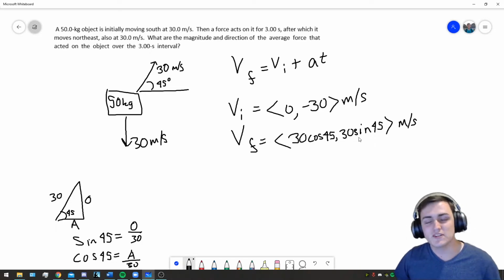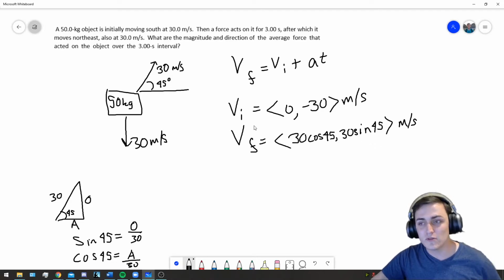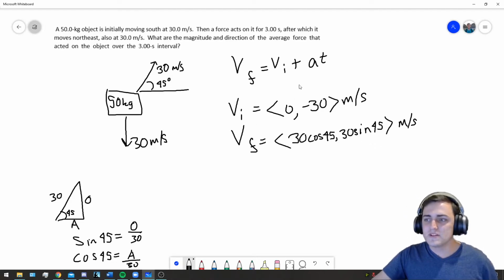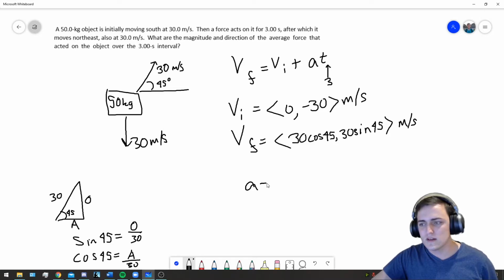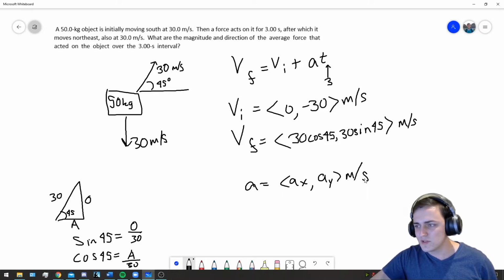If we were to evaluate this in a calculator, we would have to round a decimal, and it's going to give us rounding error, something we very much like to avoid. Now we know t is just 3 seconds, a scalar. Acceleration is some unknown vector, ax, ay meters per second squared.